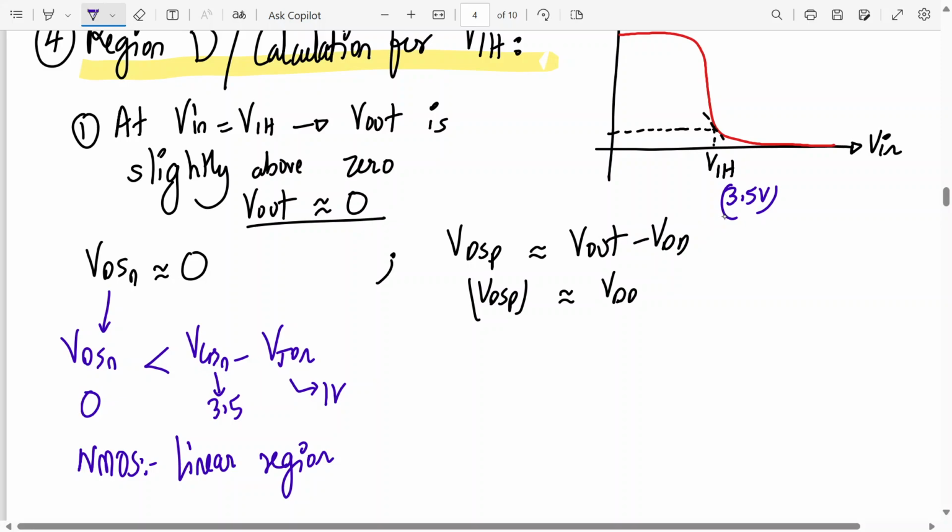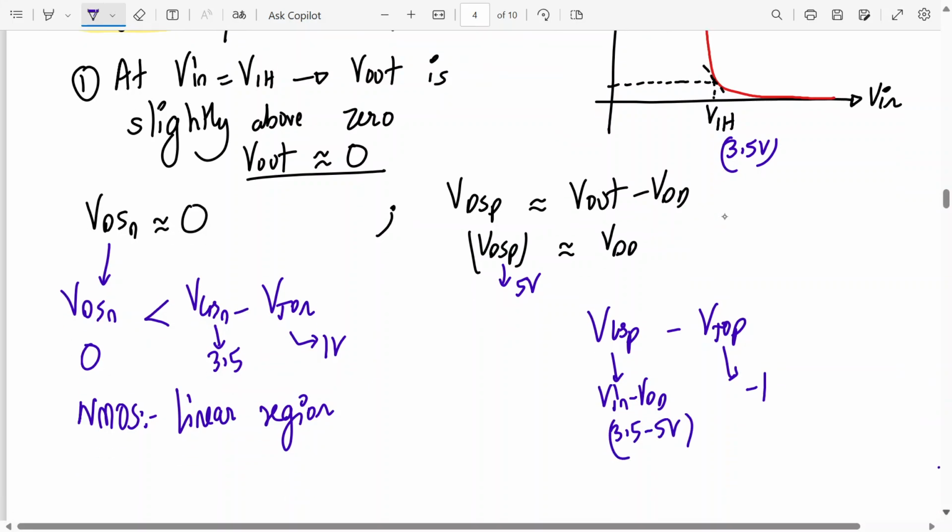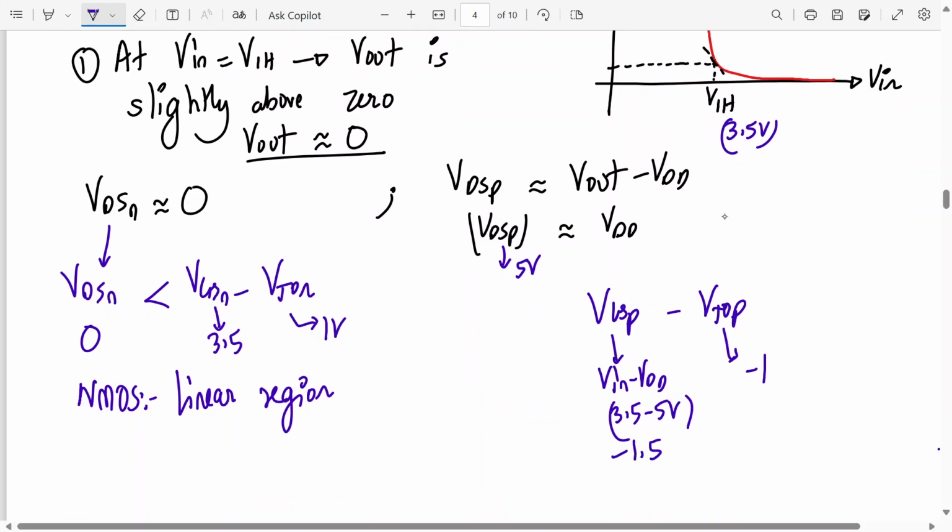Similarly over here, VDSP is around 5 volt. So what about VGSP minus VTOP? VGSP is V in minus VDD, and this is around minus 1. This V in is around 3.5, so 3.5 minus 5, so this will be around minus 1.5, and this is minus 1.